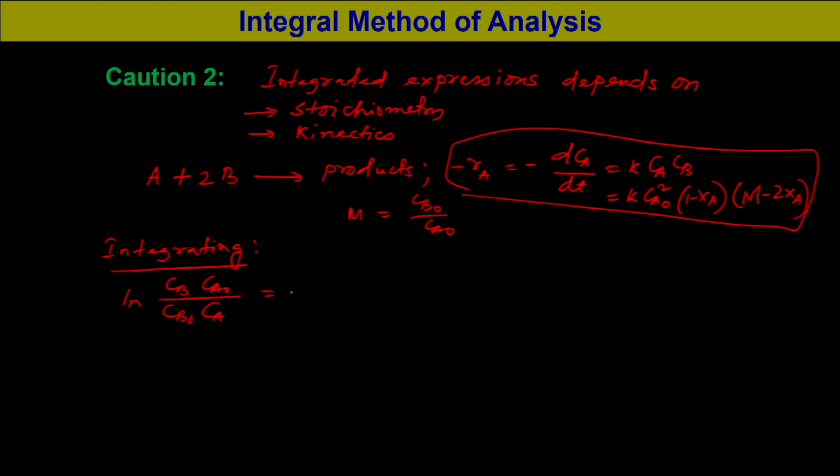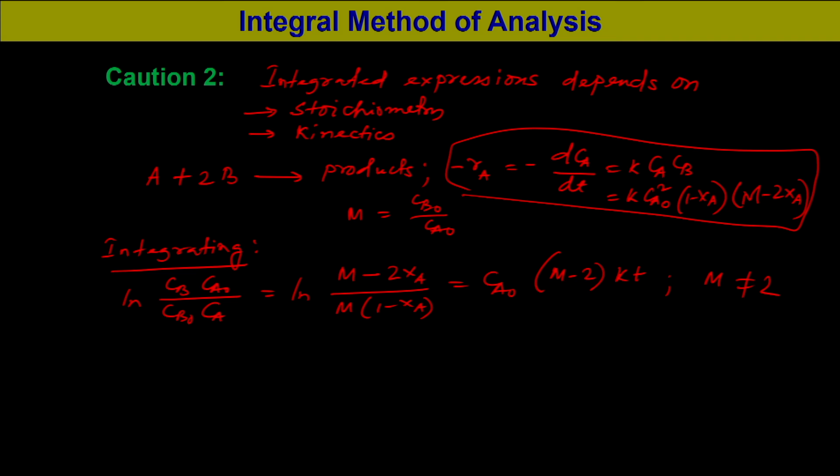Similarly, in this case we get ln (m minus 2Xa) divided by m(1 minus Xa), which is equal to Ca naught (m minus 2) kt, and this equation is valid when m is not equal to 2. If m is equal to 2, this is not valid.